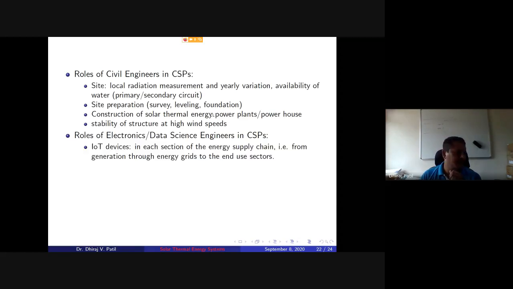And then you have roles for electronics and data science. We have seen that there is a lot of data that nowadays is getting generated. So we can put a lot of electronics also on board. Say, for example, you can put a lot of IoT devices. In each section of the energy supply chain, from generation up to the energy grid, there are IoT devices.